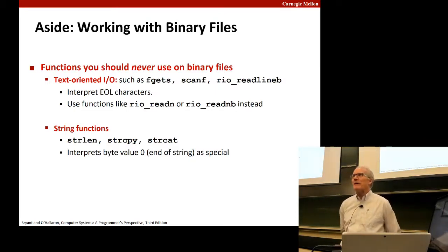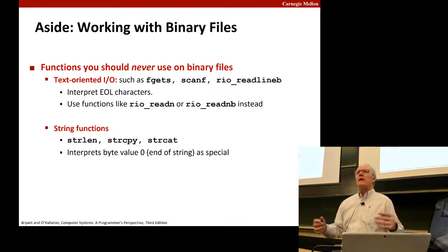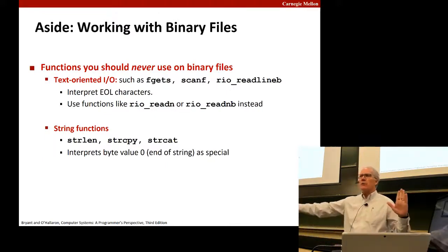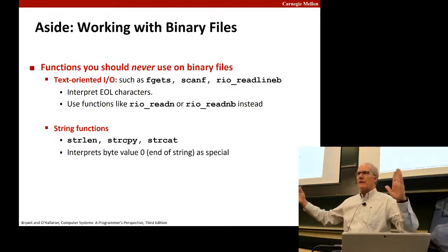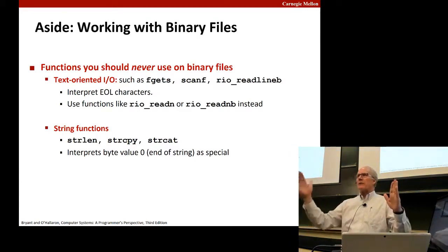Say you read a JPEG image into memory, into an array of some length, and you ask how long the data for that image is. The problem is that strlen will stop the first time it hits a null byte, a zero.